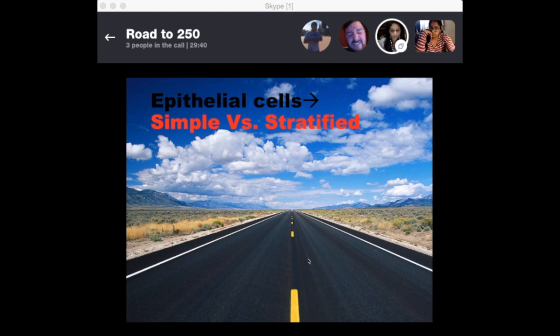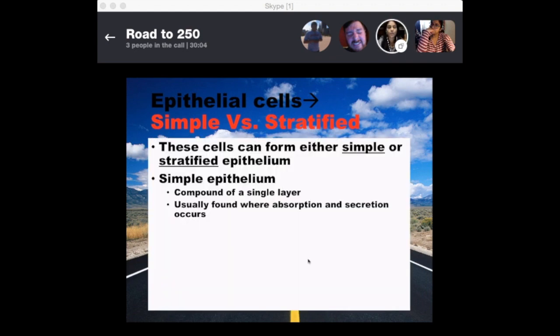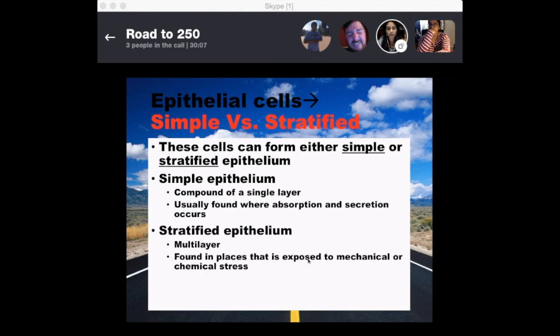So these epithelial cells, the three that we just talked about, can take the form of either a simple or stratified epithelium. Simple epithelium is going to be a single layer, and it's usually found where absorption and secretion occur. The stratified epithelium is multi-layered, and it's found in places that are going to be exposed to mechanical or chemical stress.